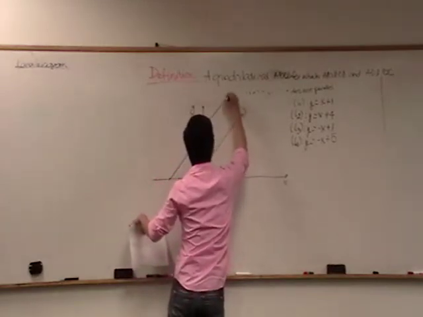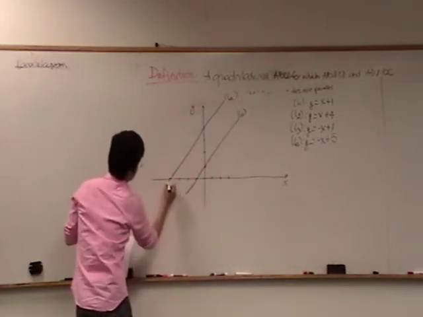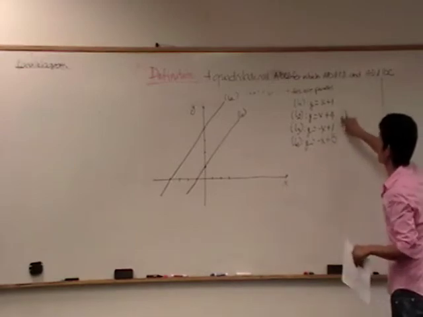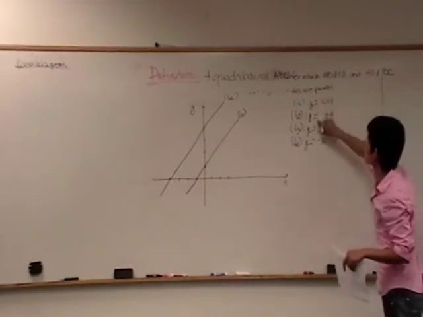Now we have line number 2. And as we know, line number 1 is parallel to line number 2 because they have the same slope.